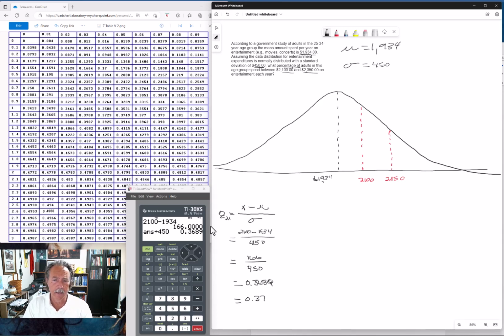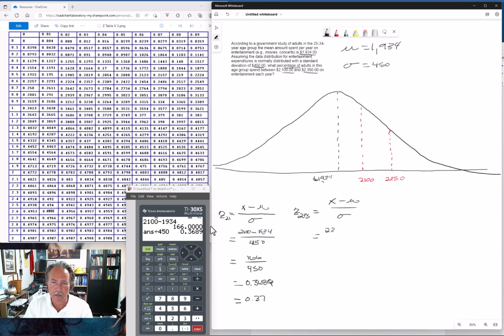But let's go ahead and do the z-score for 2350. X minus mu divided by the standard deviation. Exact same process here. We just have different X values that we're working with.